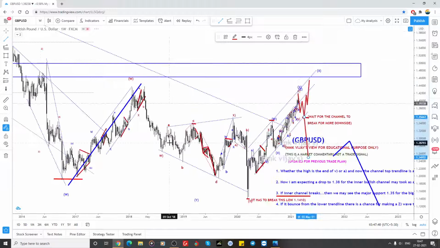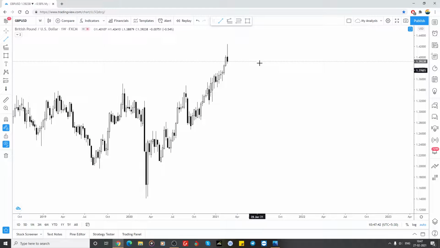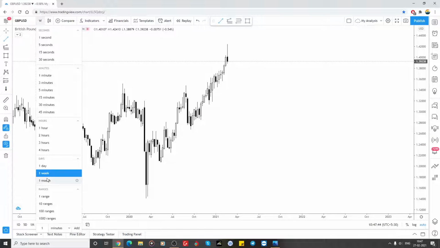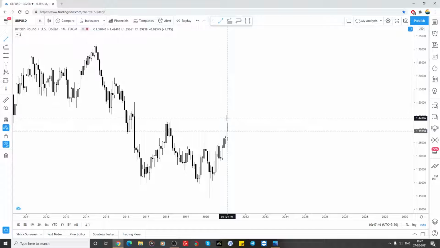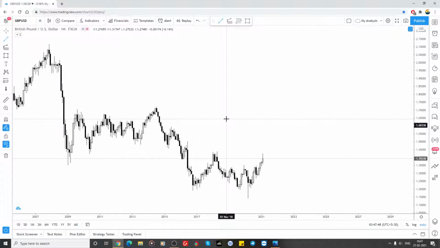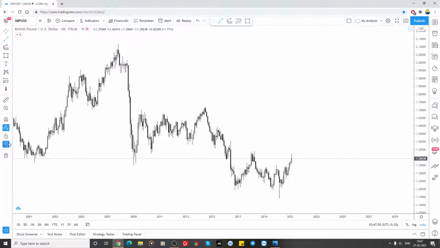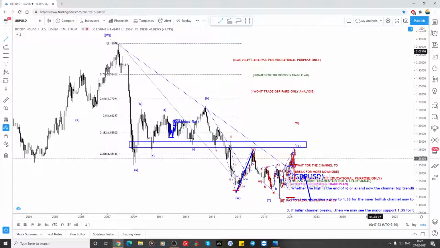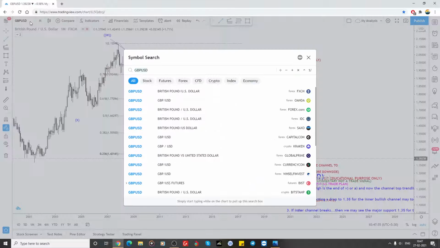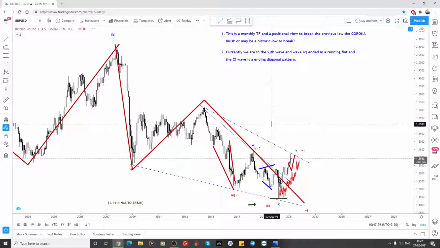And if we make this a weekly massive rejection, the monthly is also at that previous resistance zone. And my view is also what I have explained on GBP USD here.